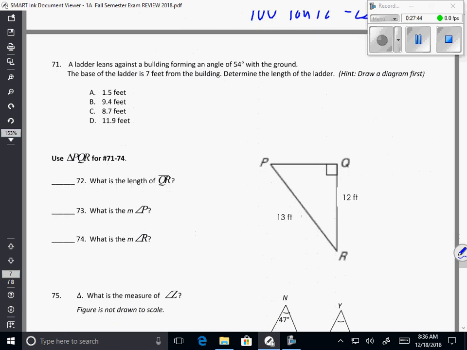A ladder leans against the building. The angle is 54 degrees, and the base is 7 feet from the building.